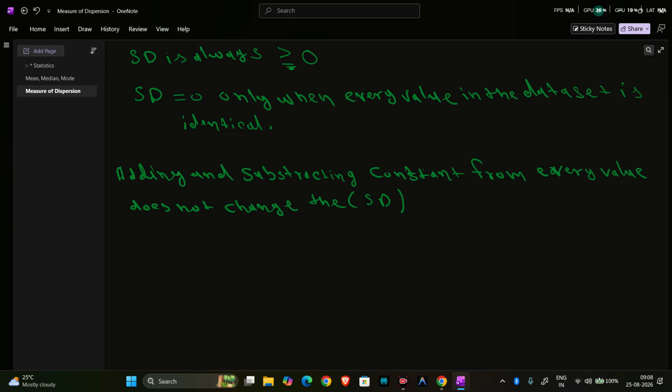So if we add a constant value to all the data points, the standard deviation will always be the same.